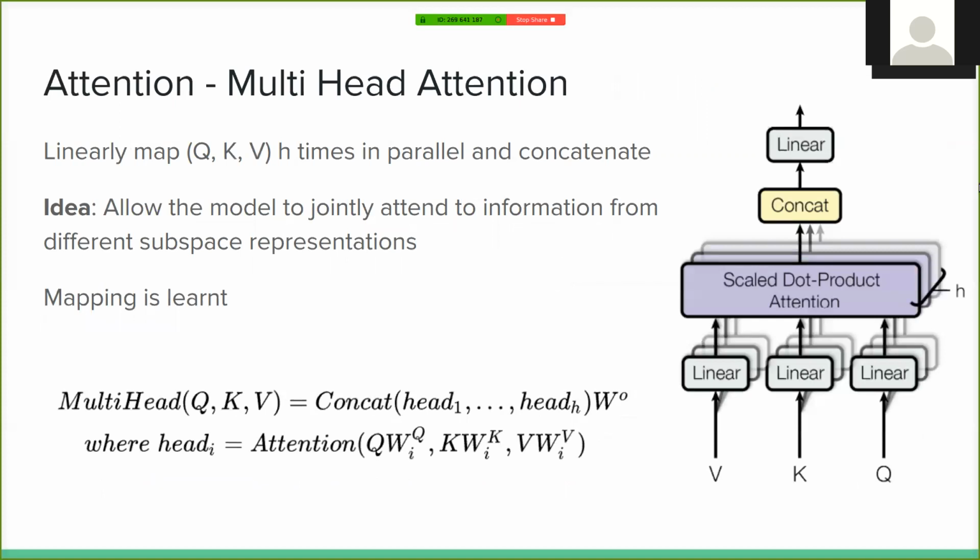So multi-head attention is basically doing several scaled dot product attentions in parallel and then concatenating the results. But the addition is that for all of these attentions that we're doing in parallel, we're mapping the queries, the keys, and the values to different subspace representations. The goal is to allow the model to jointly attend to information from different subspace representations.